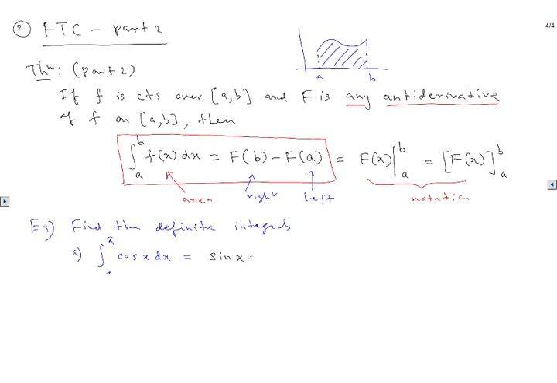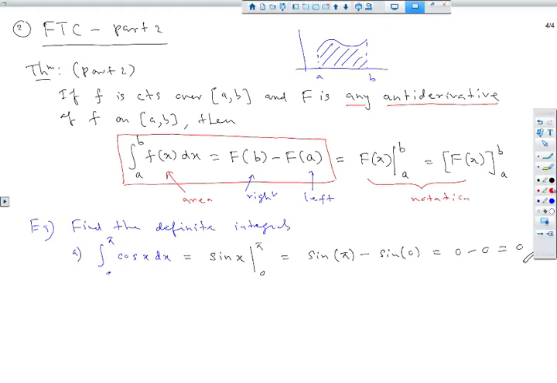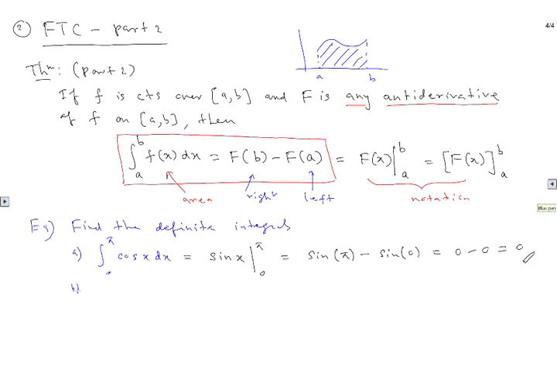And then you evaluate at pi and 0. What does that mean? You plug in the top value minus plug in the bottom value. Sine pi is 0, minus sine 0 is 0, so you get 0. So the answer is 0. Okay, let's do another one.